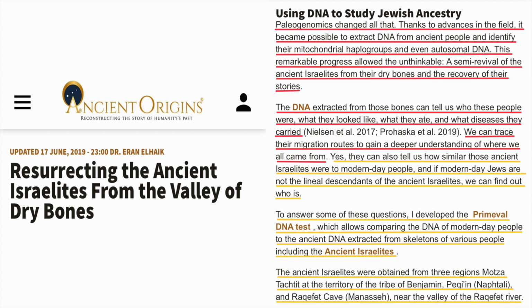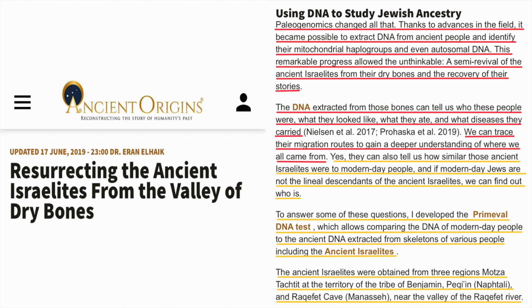This remarkable process allowed the unthinkable, a semi-reveal of the ancient Israelites from their dry bones and the recovery of their stories. The DNA extracted from these bones can tell us who these people were and what they looked like and what they ate and what diseases they carried. We can trace their migration routes to gather a deeper understanding of where we all came from.